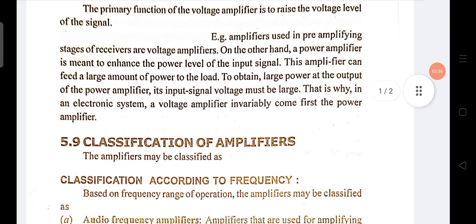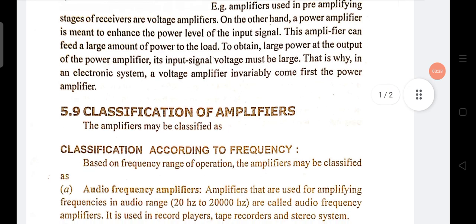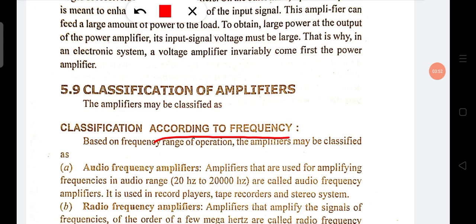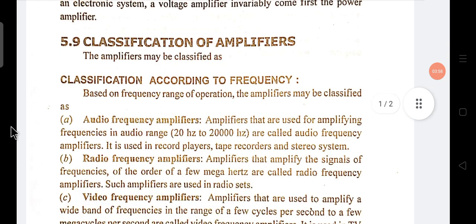Now let's see the classification of amplifiers. There are so many bases on which we can classify the amplifier. The first basis is according to the frequency, based on the frequency range of operation.